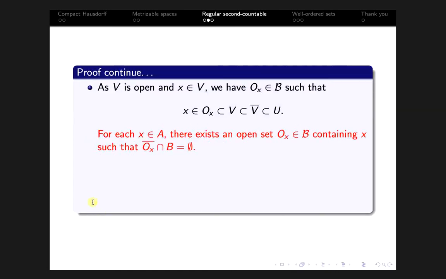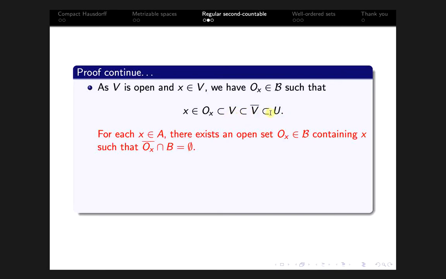Now V is open and x belongs to V. So by definition there exists some basic open set from script B, the countable basis of the topological space X. We denote it by O_x, such that O_x is a subset of V, and O_x is an open neighborhood of x, so x belongs to O_x.